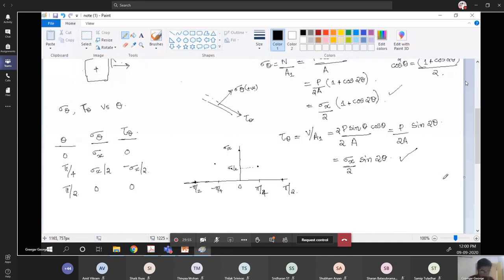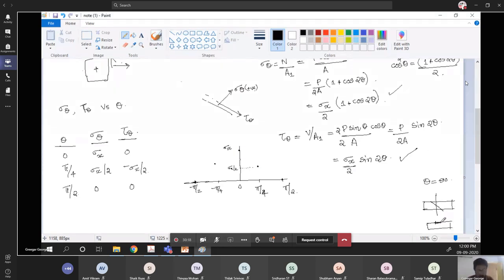His point is when theta is equal to 90 degrees. This is our theta equal to 0 cross section. When you are making an angle theta, and then when theta equals 90 degrees, the cross section is like this.